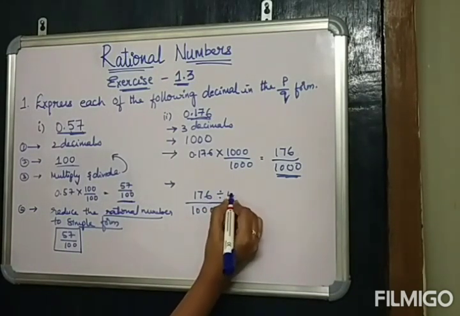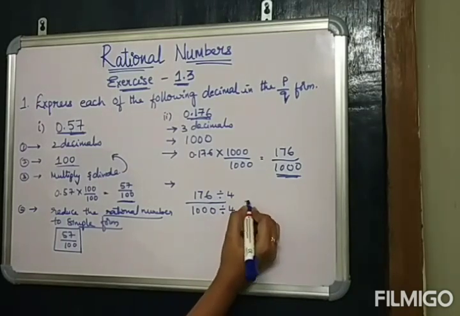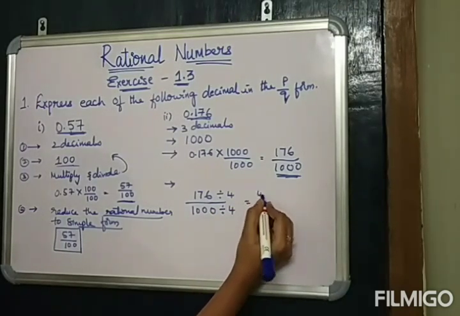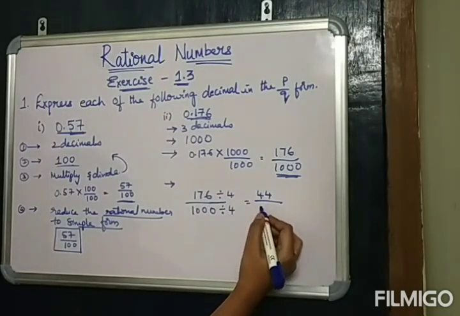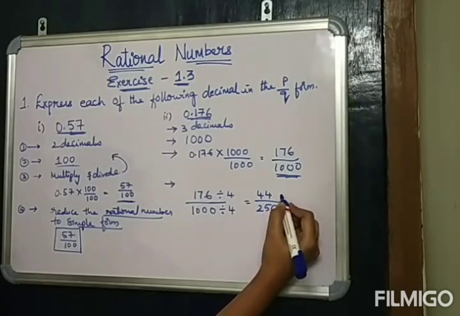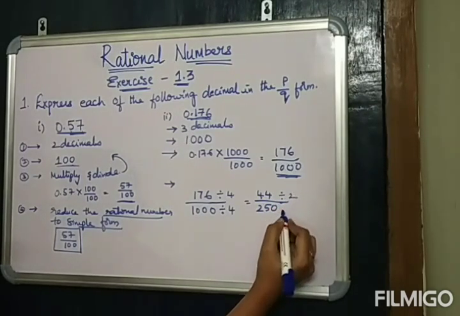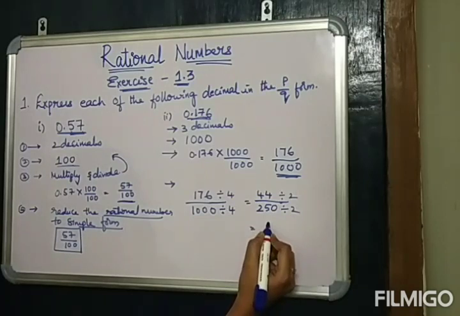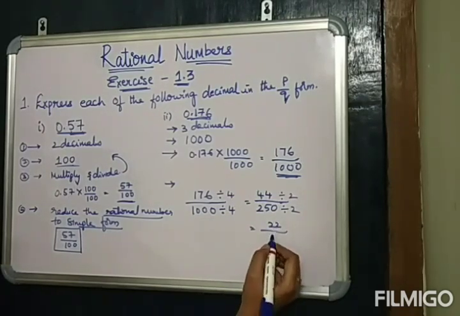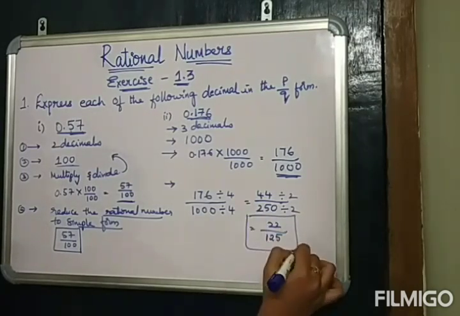This can be divided by 4. 4 times 44 is 176, and we obtain the answer 44 divided by 250. This obtained number can be reduced further by dividing by 2. 2 times 22 is 44, and 250 divided by 2 is 125. Okay, this is the answer.